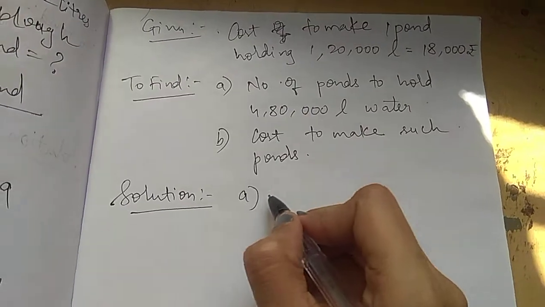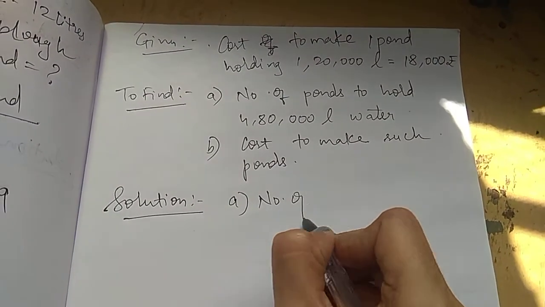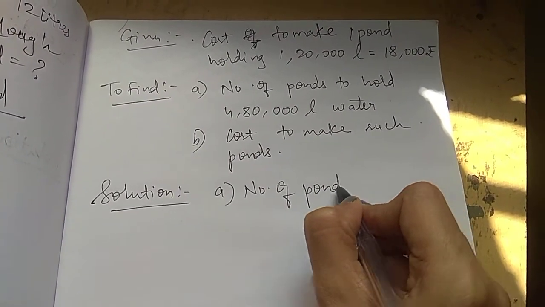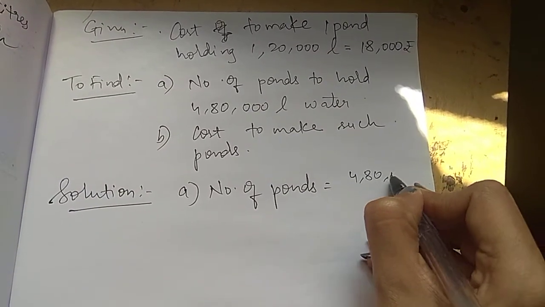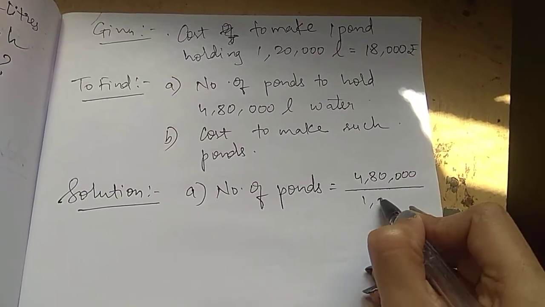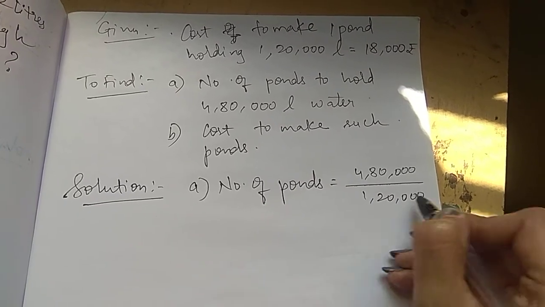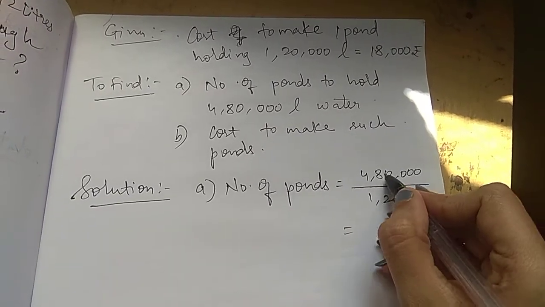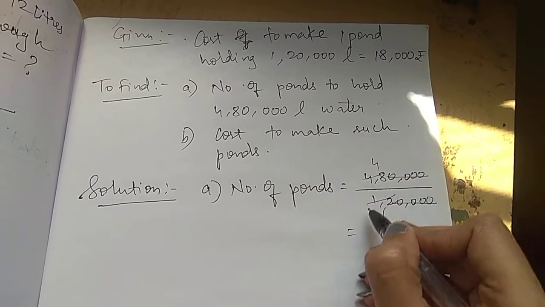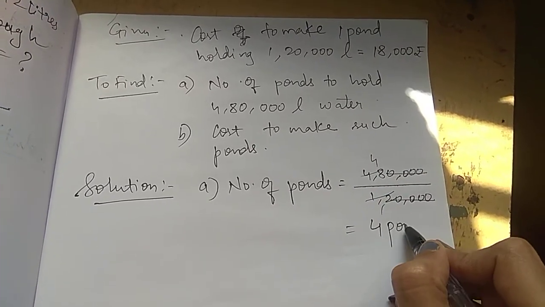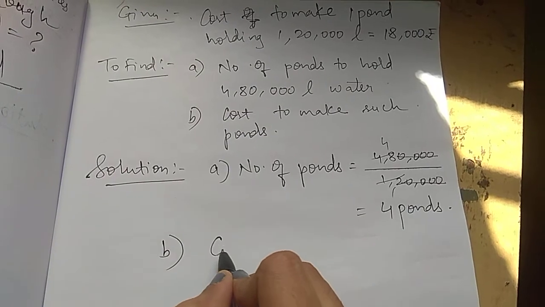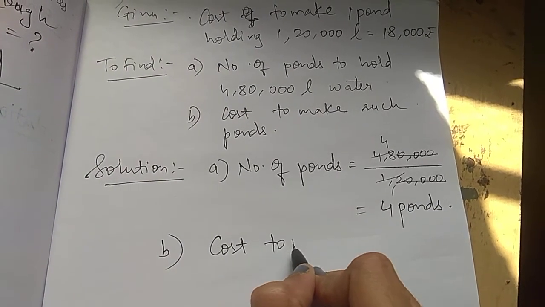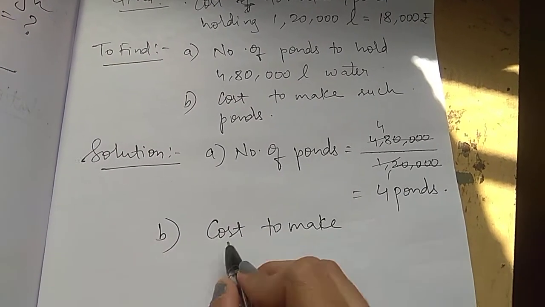So the number of ponds, basically, we will divide it. 4,80,000 divided by 1,20,000. So all zeros will be cut. 12 ones are 12, 12 fours are 48. So how many ponds can we make? 4 ponds. B part. What will be the cost? Cost to make 4 ponds.